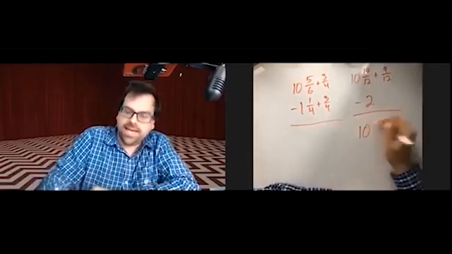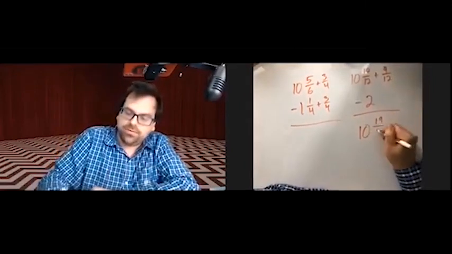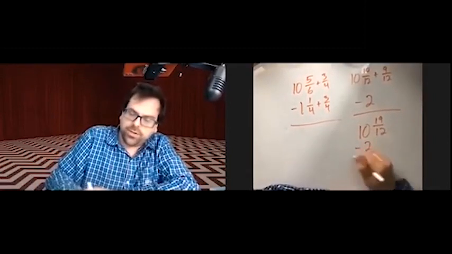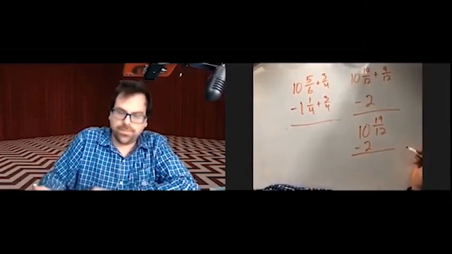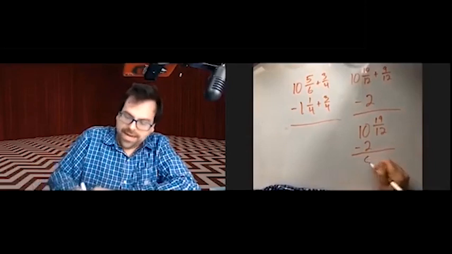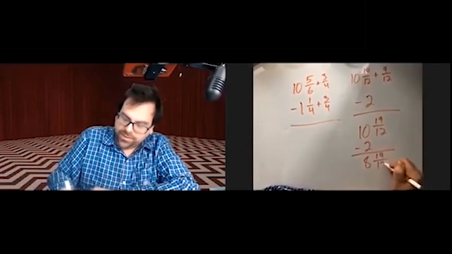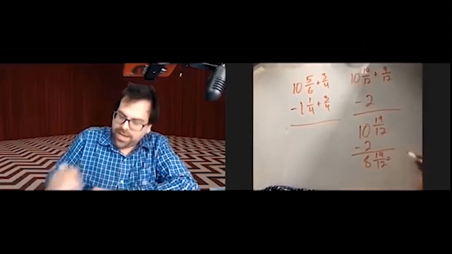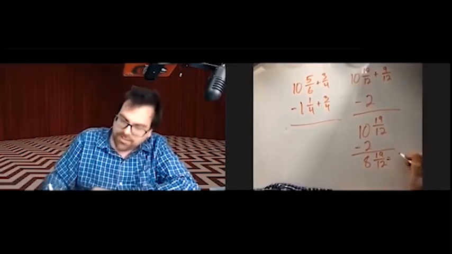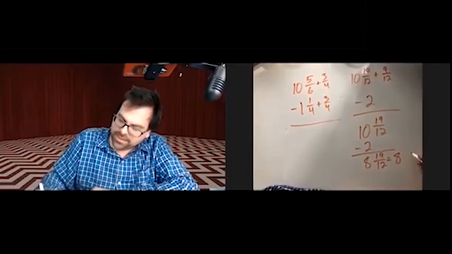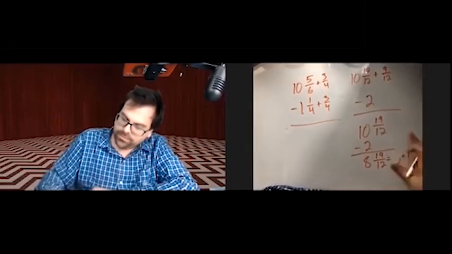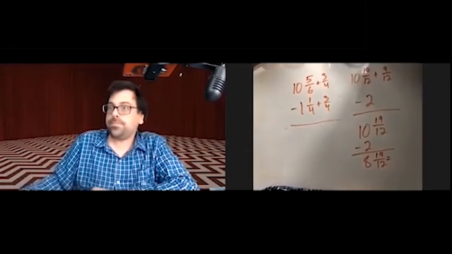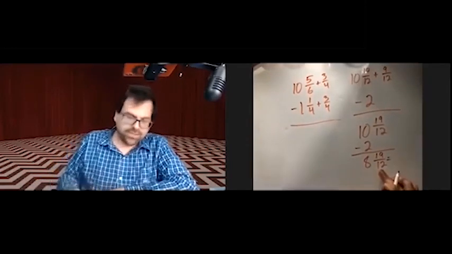So this is 10 and 19/12 minus 2. That's 8 and 19/12. We don't like that improper fraction inside the mixed number, so that's 8 plus... and what is 19/12?